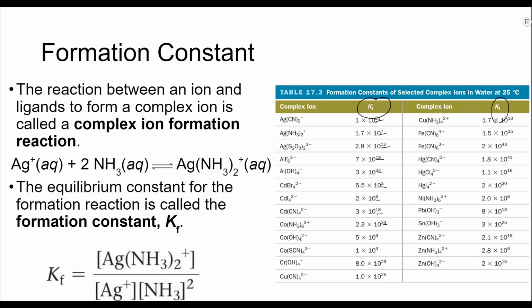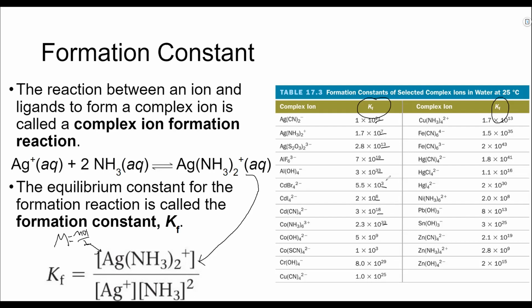Remember, for any K, that's an equilibrium constant, and we write K's products over reactants. So for our example equation we have here, we already have the Kf, the equilibrium formation constant, which is our products divided by our reactants. Remember, these brackets mean molarity, which is moles divided by liters.